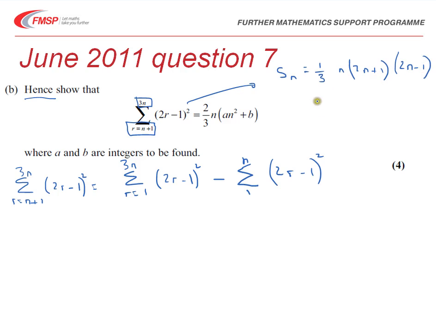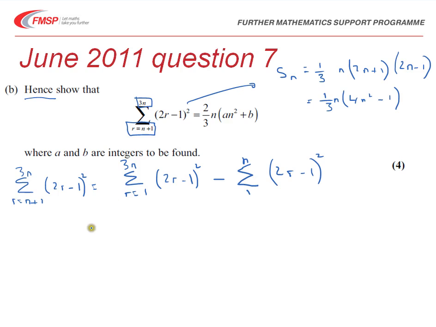Now, in fact, it may be easier rather to use the line before, which was 1/3 multiplied by n and 4n squared minus 1. I leave you to decide which way you want to do. I'll use it by multiplying out using the expression at the final part of the question.